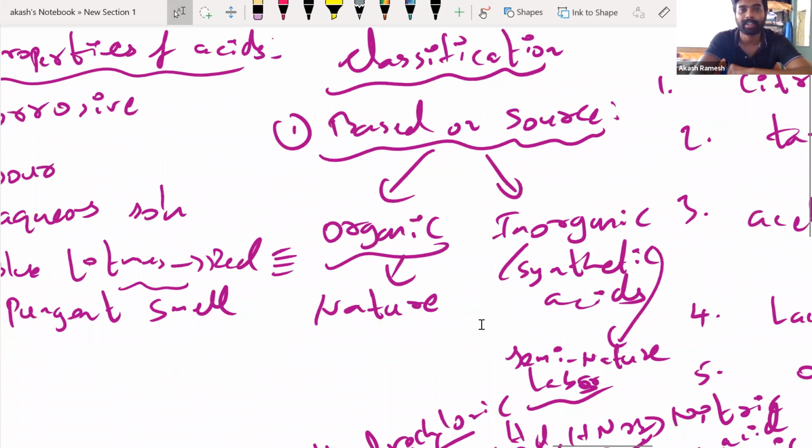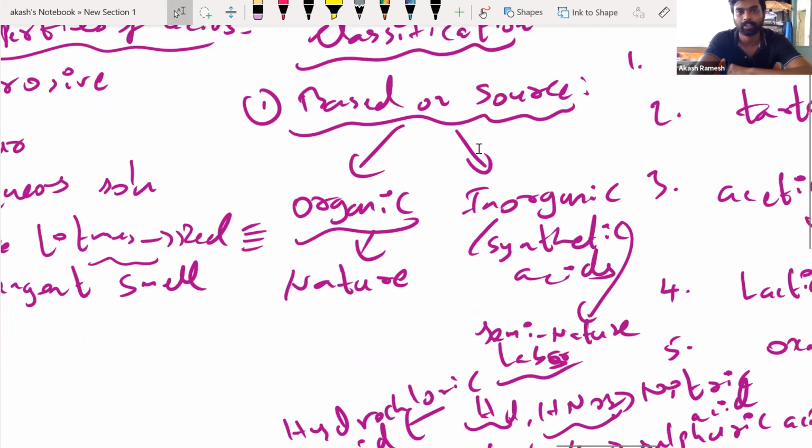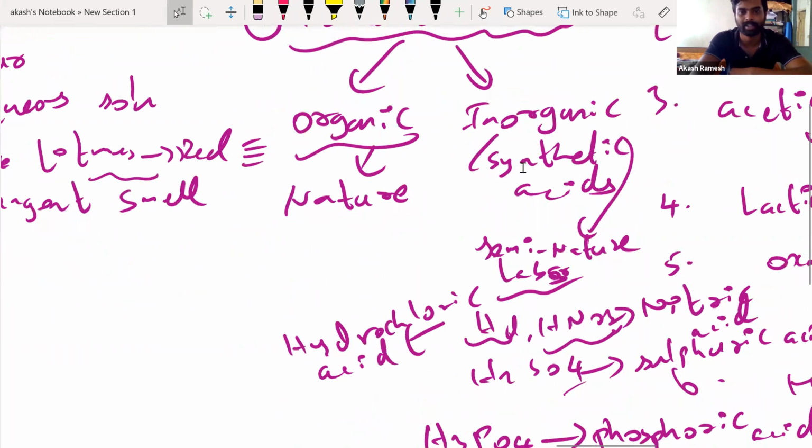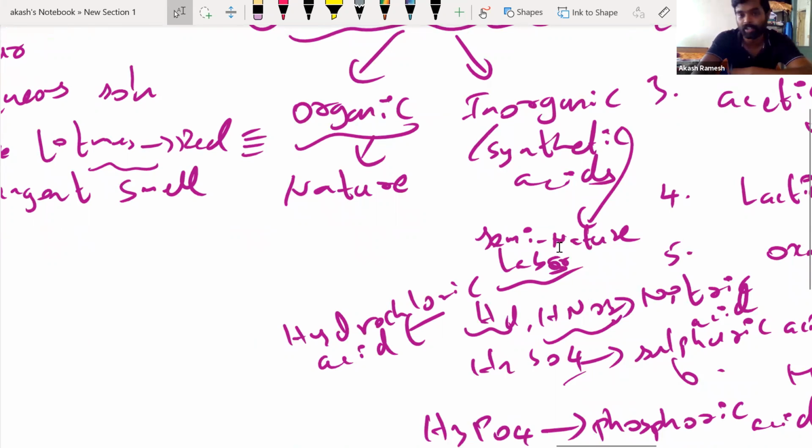And then we went on to see the classification of acids. First is based on source, where we get it from: organic, that is natural, and inorganic, which are synthetic acids. Or it can be semi-natural, semi-synthetic, where the starting material is from nature but I synthetically prepare it into something else.